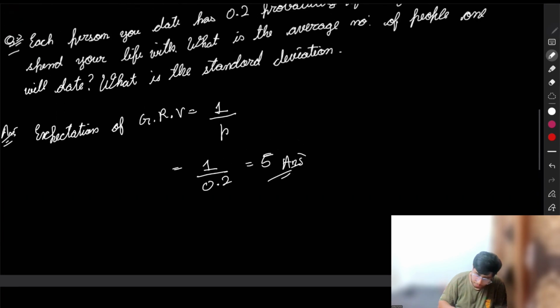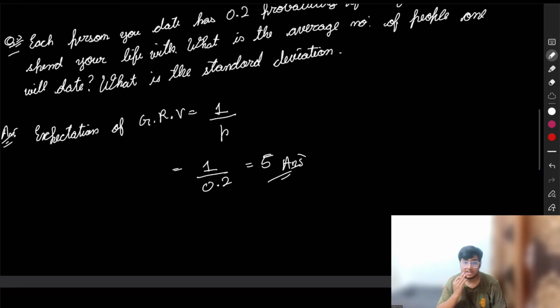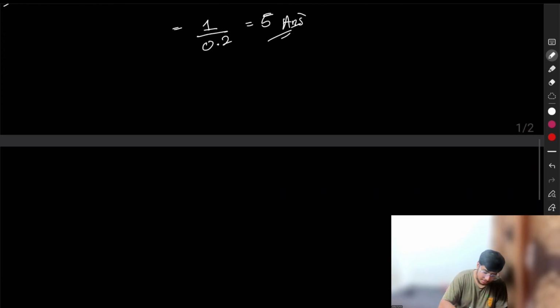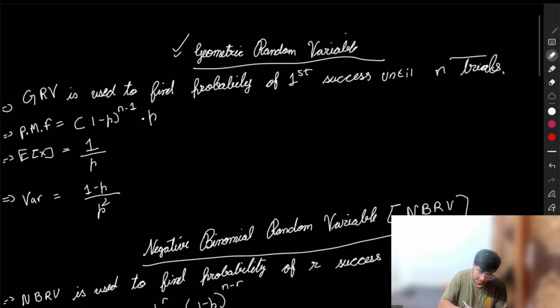Now let's move to the second part of the question. We have to find the standard deviation of the problem. Standard deviation is simply the square root of the variance. Now what was the variance? The variance was (1 minus p) upon p square.